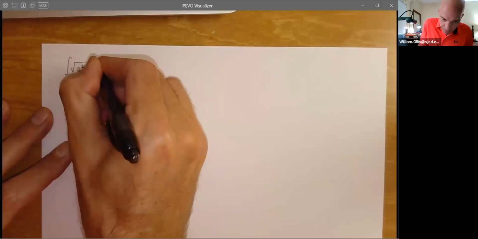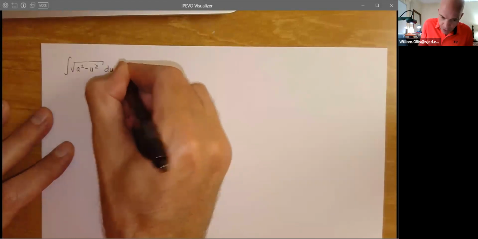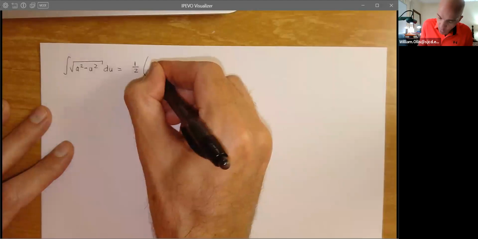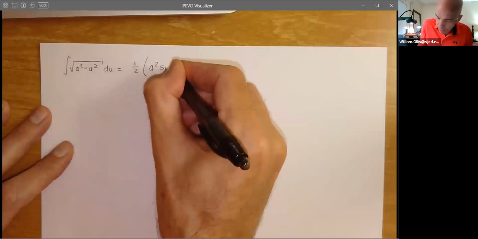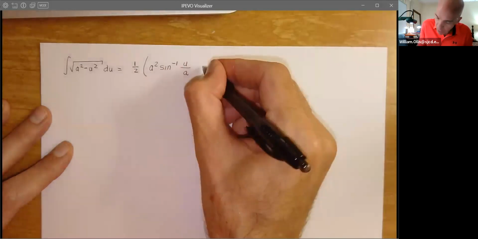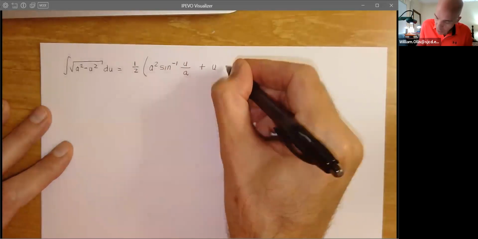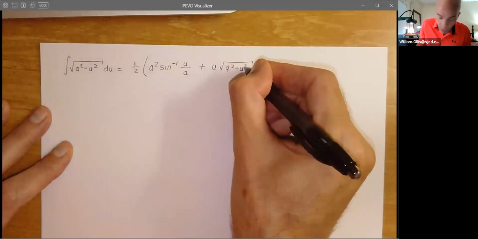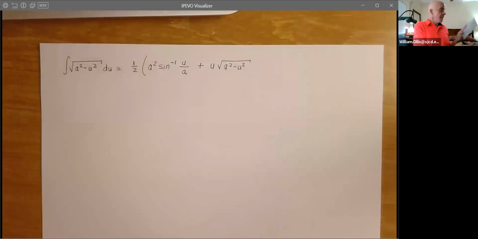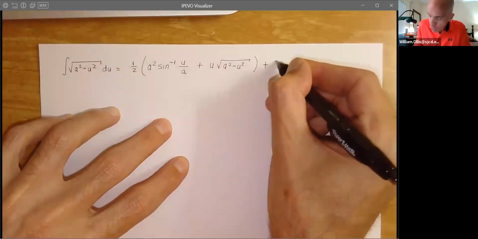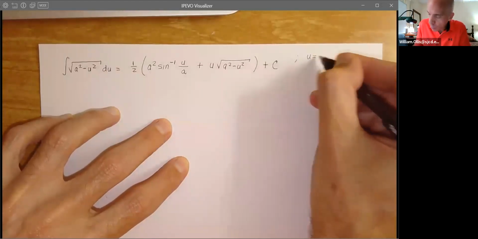Too many papers. So here, this looks like this. This is much simpler. 1/2 a squared inverse sine u over a plus u square root a squared minus u squared. It looked kind of odd when I was putting a squared plus u squared. There we go. So this is the substitution u equals a sine theta.